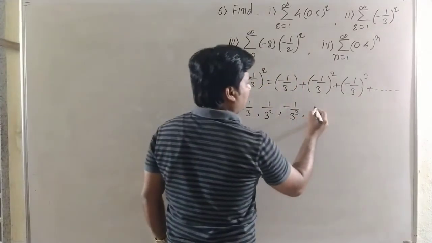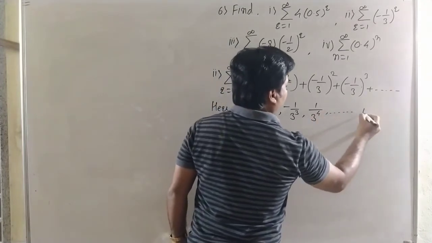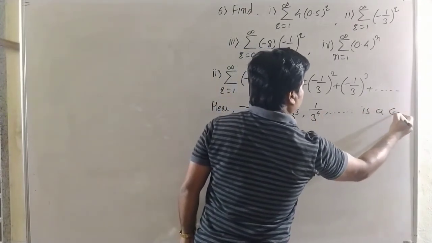The fourth term is again plus, and so on up to infinity, which is a geometric progression.